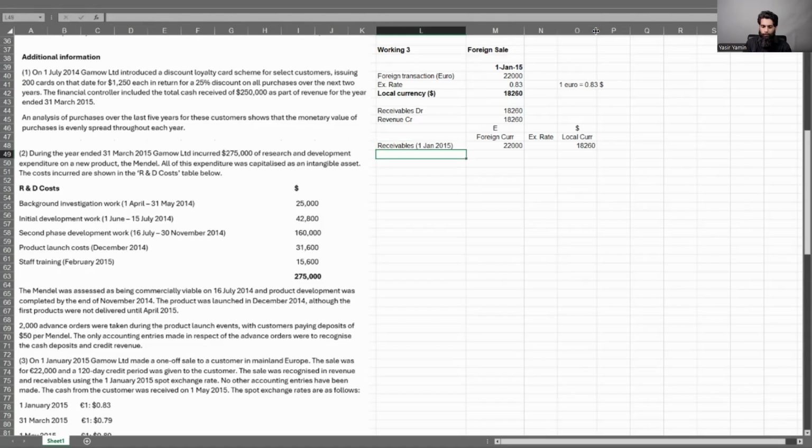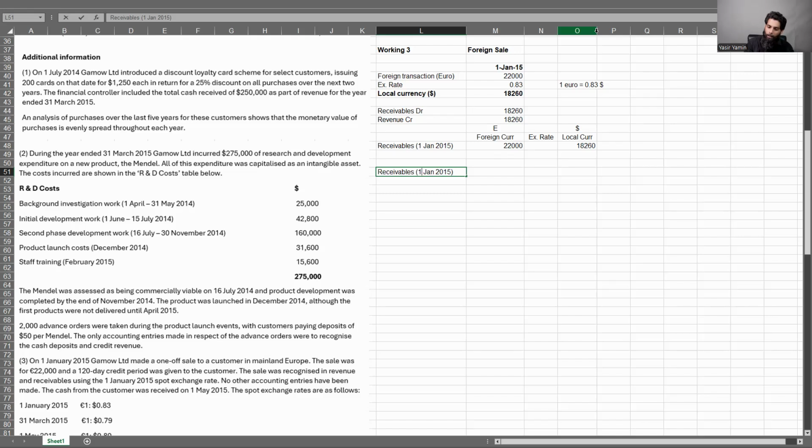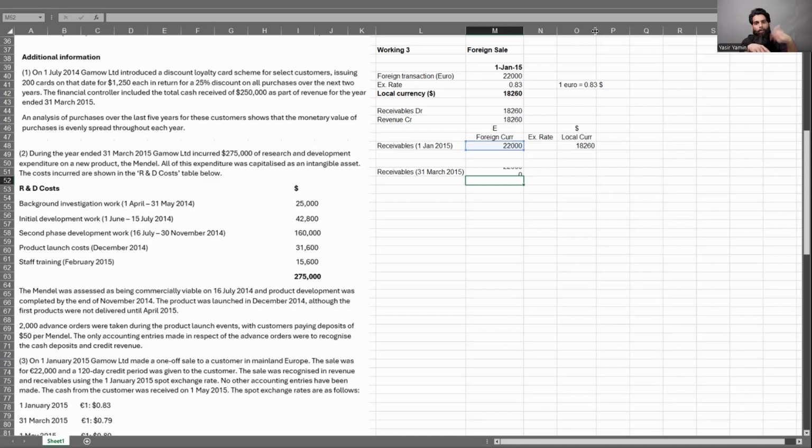You need to retranslate these foreign currency receivables on 31st March 2015 as well. How do you do that? You take the same foreign currency receivable. Even after 3 months, you still have to receive 22,000 euros from your customer. But now you need to retranslate them according to the closing date exchange rate.